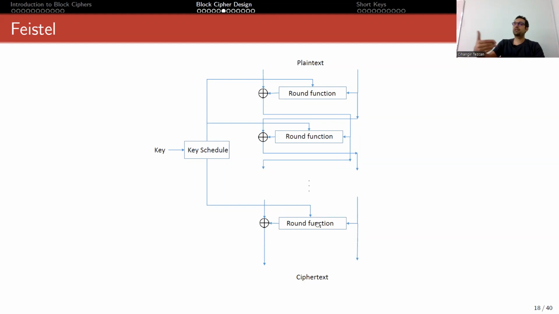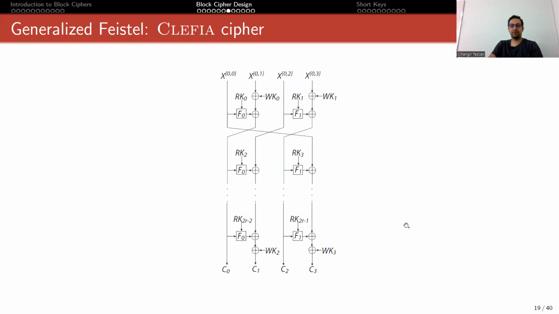So encryption and decryption are almost identical, right? But in the encryption case, here you are using the first round key. In the decryption part, you are using the last round key. So only the order of the round keys changes, okay? So this is why people generally prefer Feistel in hardware. In the past, this is why DES was a Feistel cipher, okay?